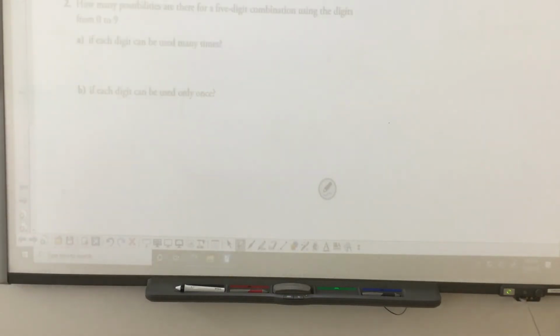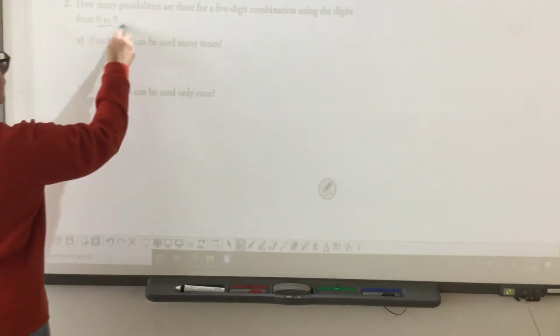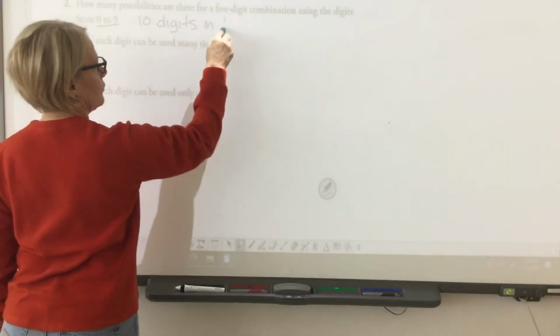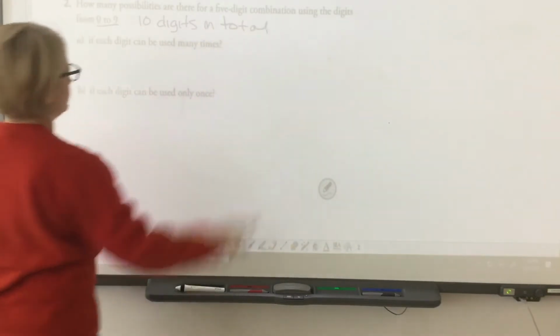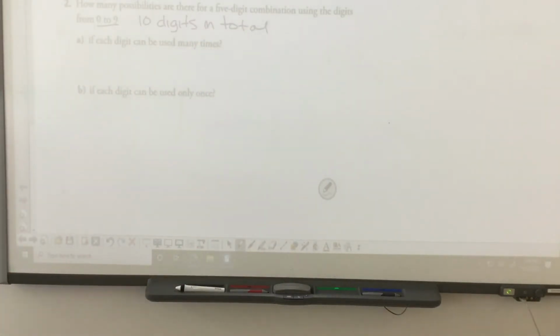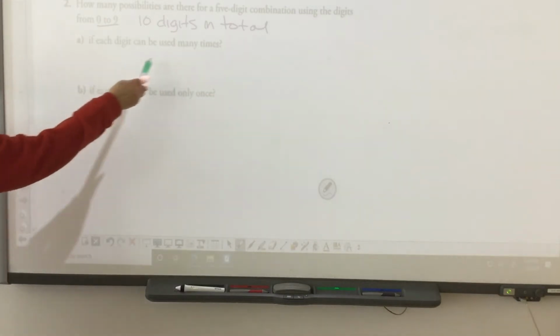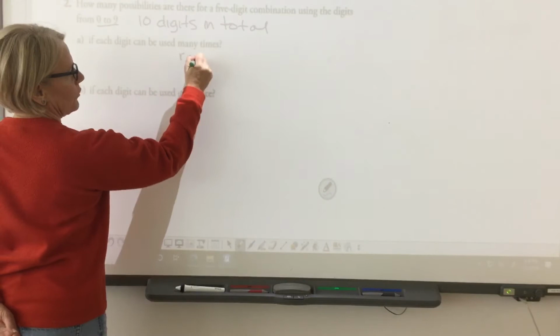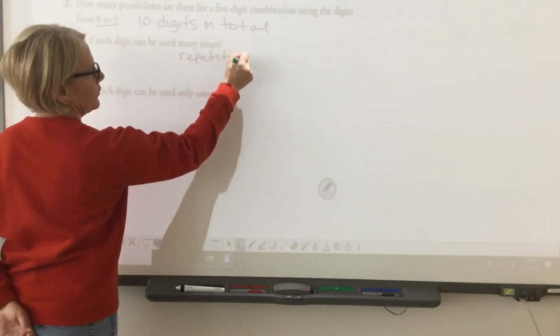Number 2, we'll go through how many possibilities are there for a 5-digit combination using the digits from 0 to 9. 0 to 9 means that there are 10 digits in total. If each digit can be used many times, so many times this means that repetition is allowed.